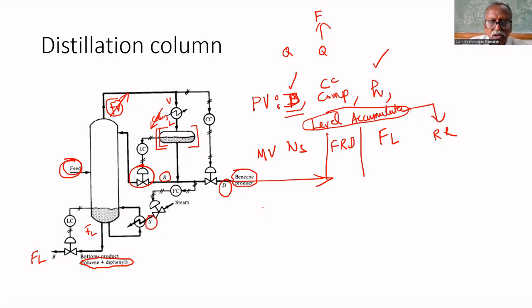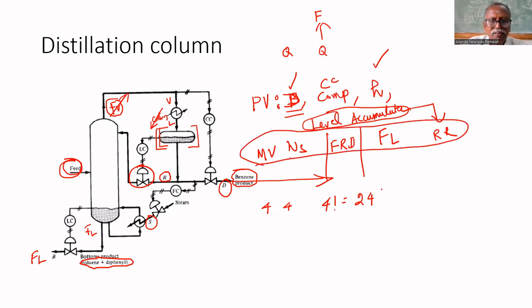Here, four controlled variables and four manipulated variables mean how many combinations are possible? 24 possible combinations, because 4 factorial. Out of these, this combination gives better quality of control. Less interaction. Why are we selecting this?